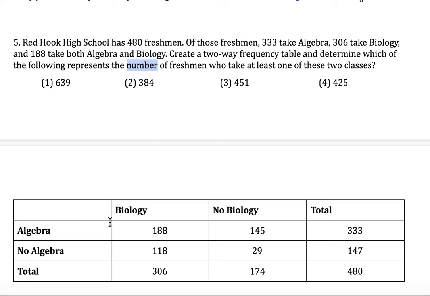So if I take a look here, because I have this table already made, I can go ahead and find the individual amounts. So I'm looking at algebra. There's going to be a total of 333 students that are taking algebra.